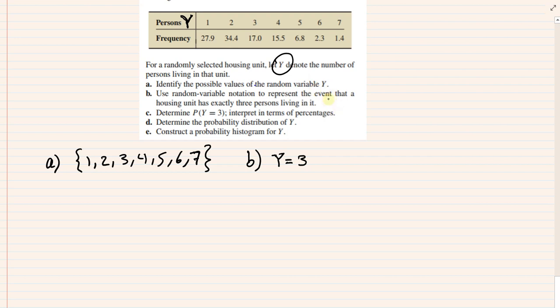Okay, and in part C, determine the probability of y equals 3. See, now he defined an event, now we want to find the probability of that event. So probability of y equals 3, interpret in terms of percentages. Okay, so we're going to look at, remember the classical definition, possible over total possible outcomes. There's 17 million households that qualify.